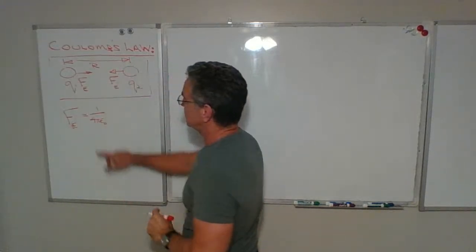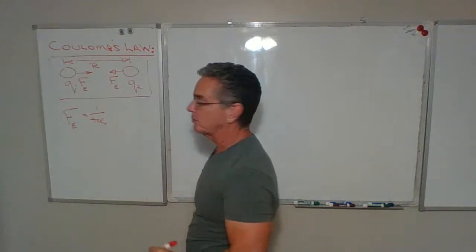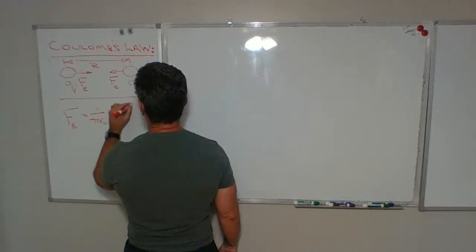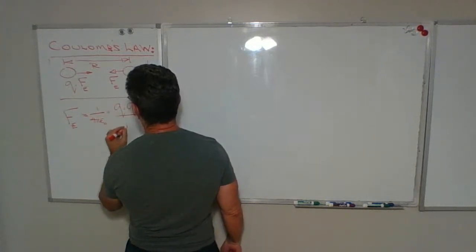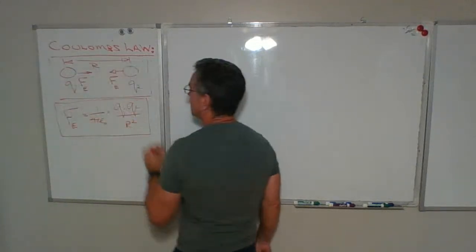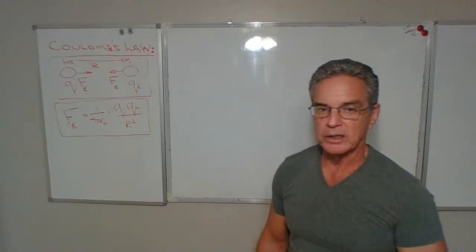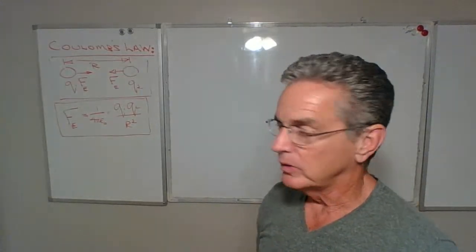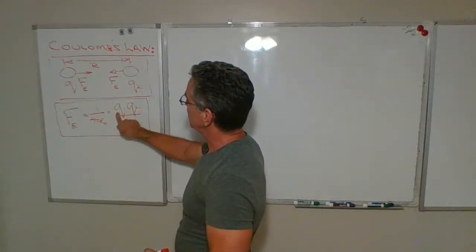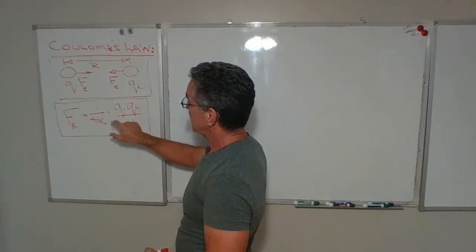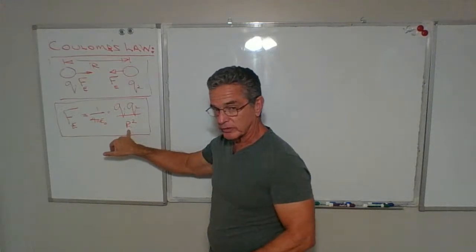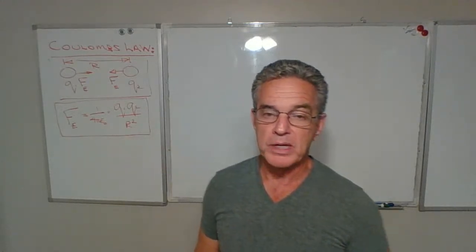So this ratio is a constant, we'll talk about epsilon sub 0 in a minute, times Q1 times Q2 divided by r squared. Now this is the magnitude of the electric force between these two charges, Q1 and Q2. In order to determine the actual value, you need the values of Q1 and Q2, obviously, and the units are going to be coulombs again. And you'll need this distance, r, which of course is going to be in meters.